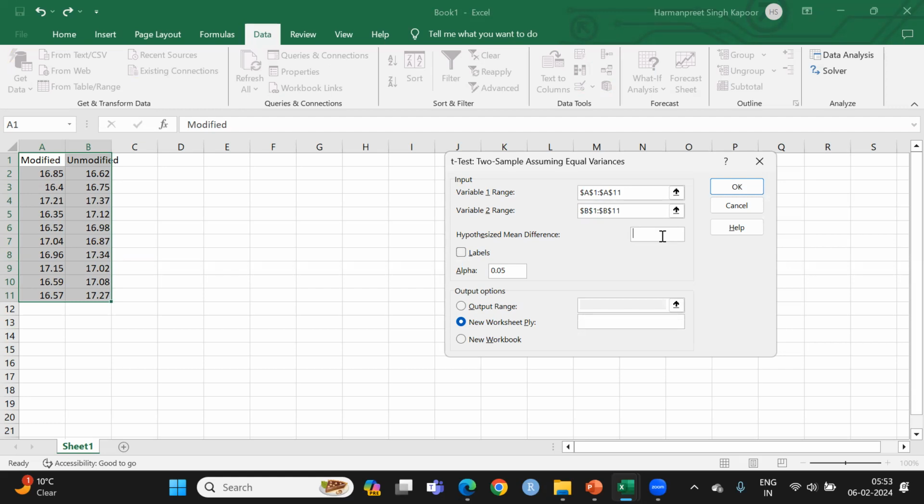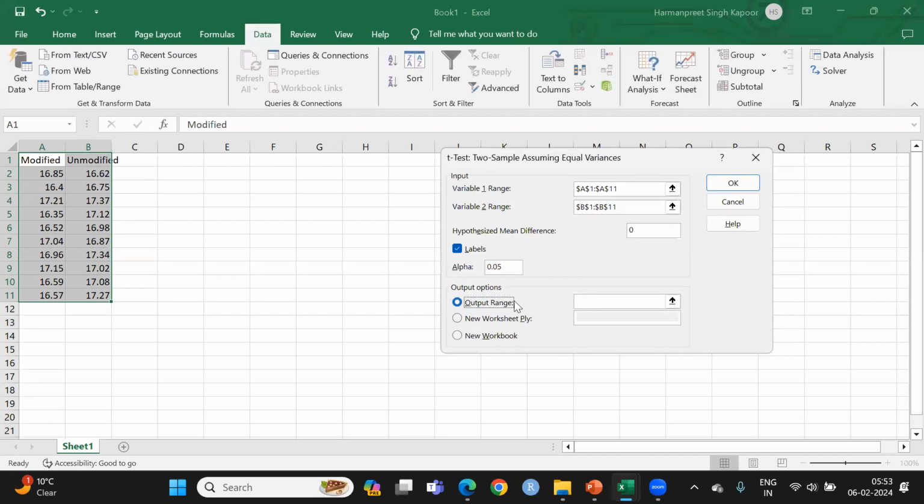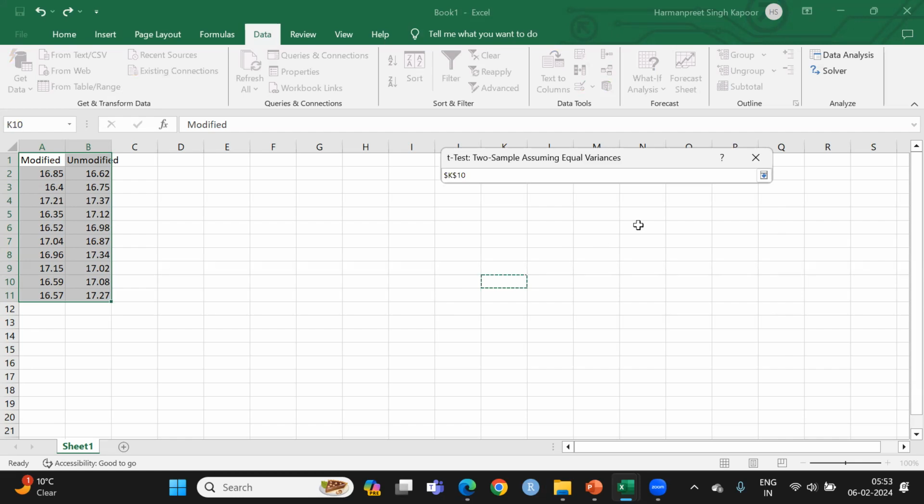Because we are making an assumption that mu1 is equal to mu2, I have to put 0 here. We already have selected the labels, so I have to check it. And if I want to show my output on this sheet only, then I have to select the cell where I want my output.